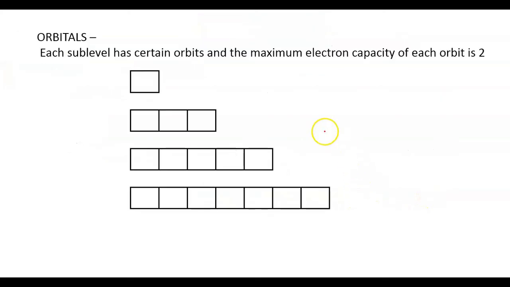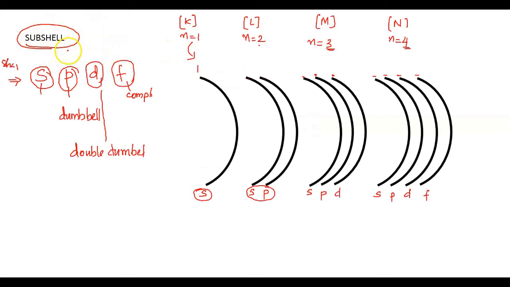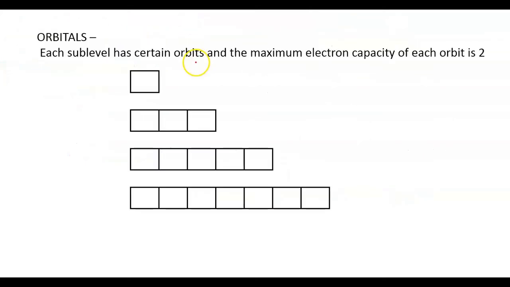Then coming to orbitals. These subshells possess orbitals. Now you're going to see these different orbitals. Each sublevel or subshell has certain orbitals in it, and the maximum electron capacity of each orbital is 2.